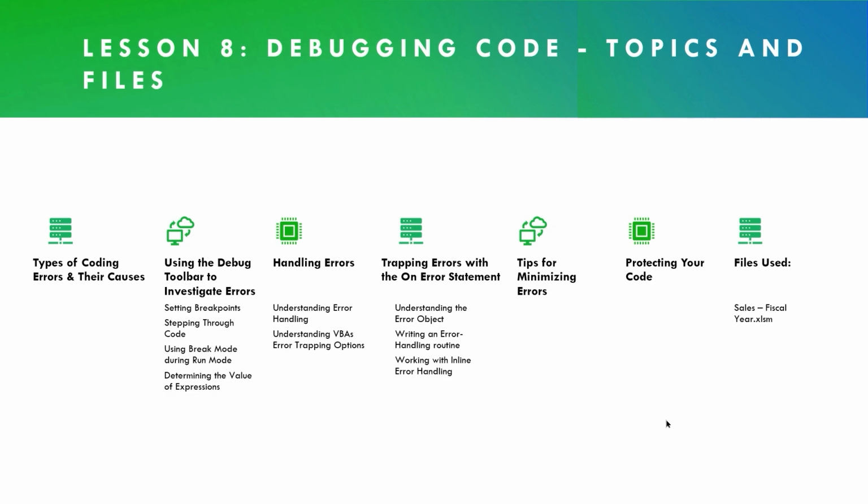You got some tips on how to minimize errors. You learned about how to use the object browser window, and that gives you a good grounding in different properties and methods. I mean, you could just look at the VBA library and get a bunch of great information. And then we ultimately ended up with learning how to password protect your code.